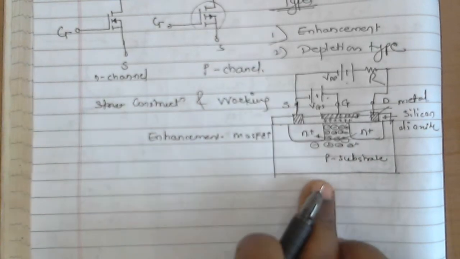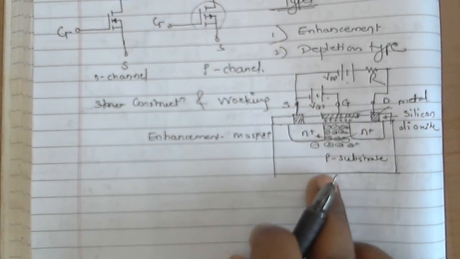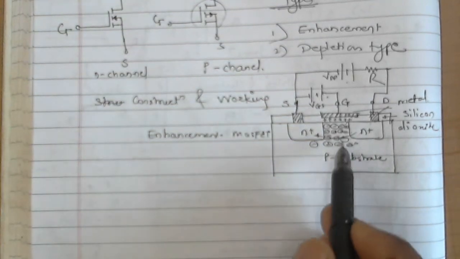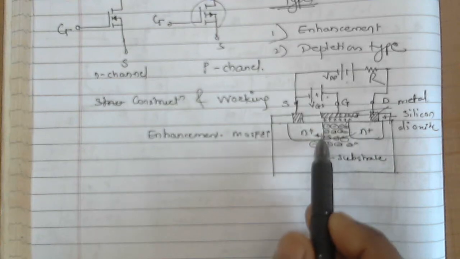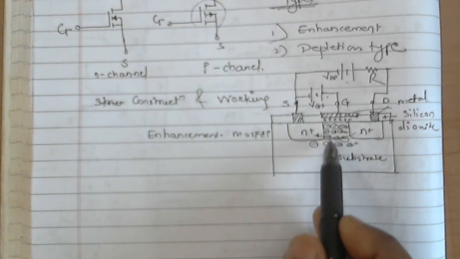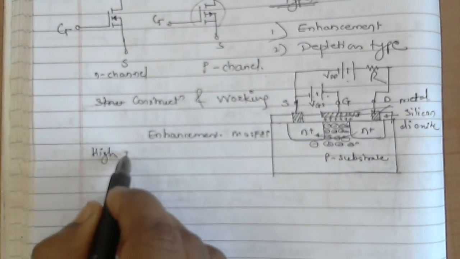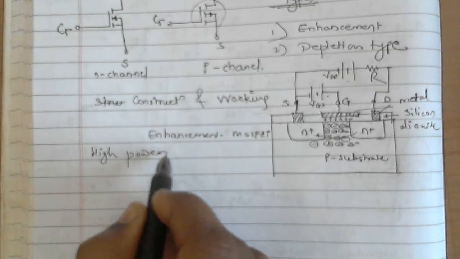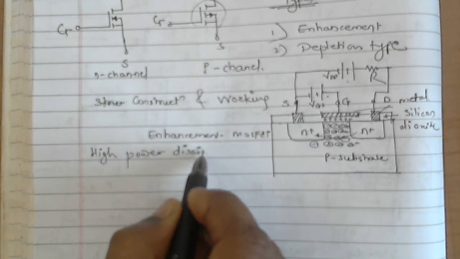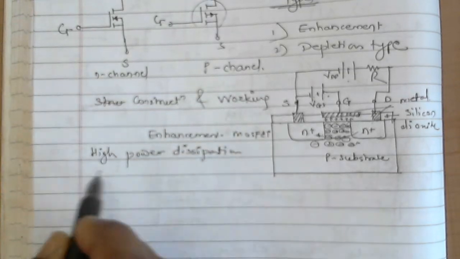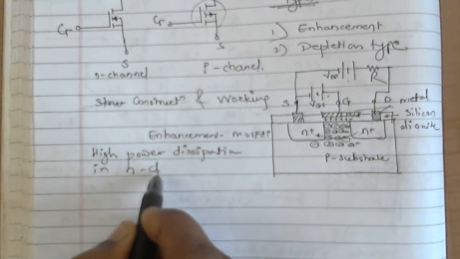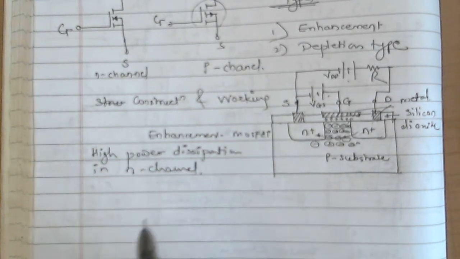Now there is one disadvantage of this type of MOSFET. What is that? The conducting n channel in between drain and source gives large on-state resistance. This leads to high power dissipation in the n channel.